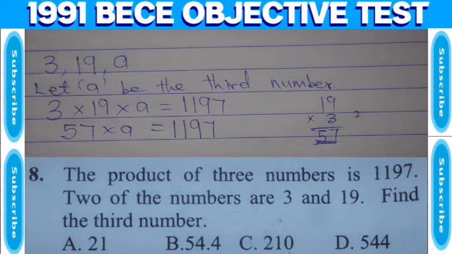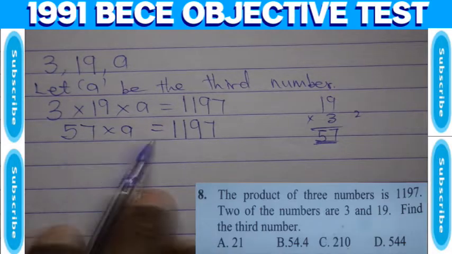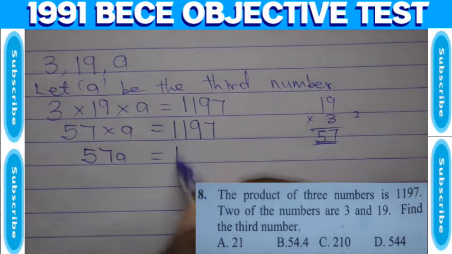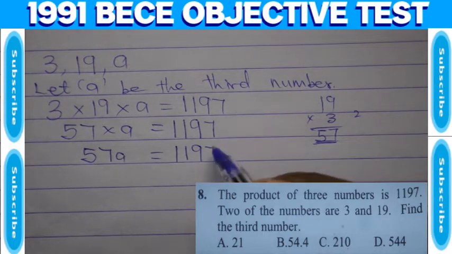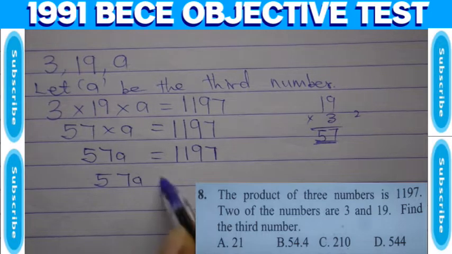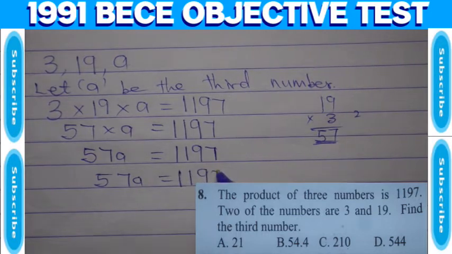All right, so right from here, let's multiply this by this. We have 57A, which is equal to 1197. Let's rewrite the same thing again. 57A is equal to 1197.